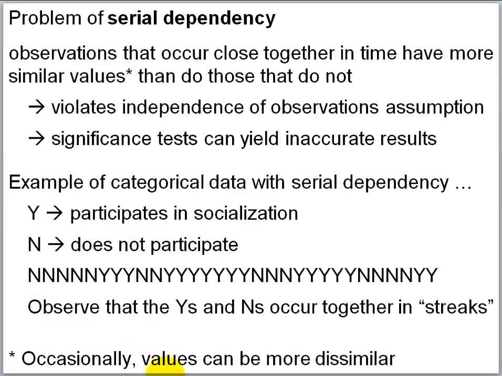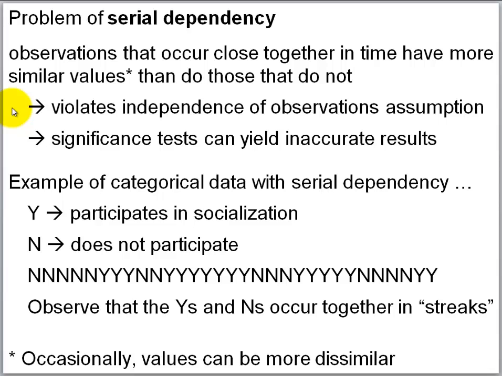Well, what is serial dependency? Serial dependency in a pragmatic sense is the problem that observations that occur close together in time may have more similar values than do those that do not occur close together in time. So if you have serial dependency, you're violating the independence of observations assumption.